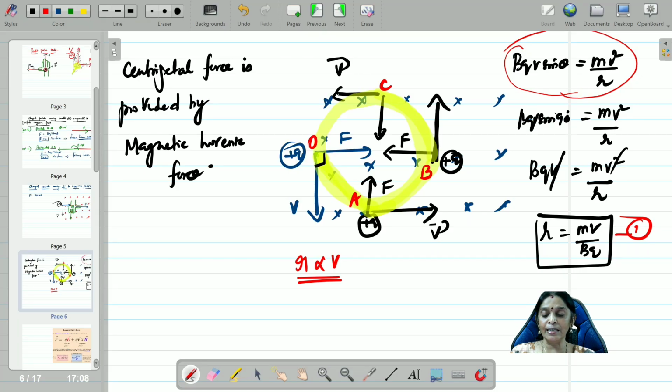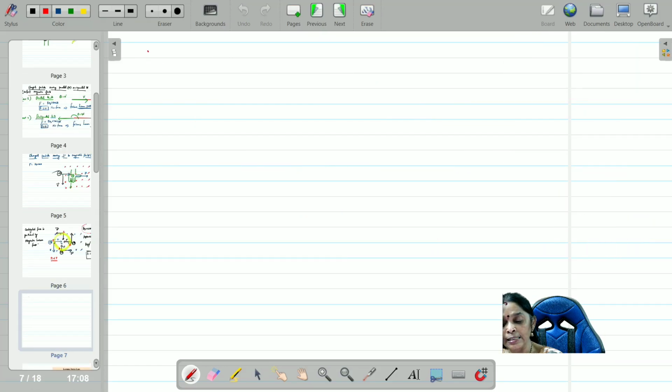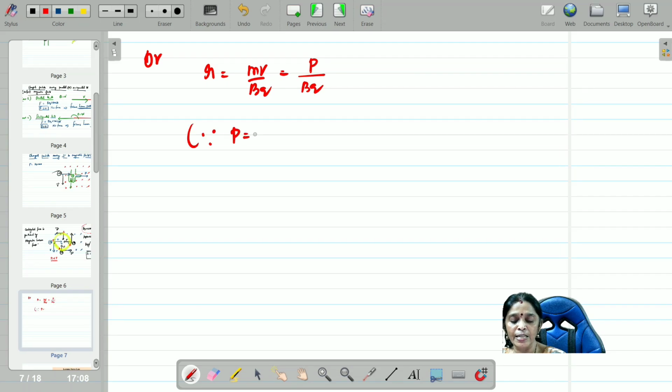You can also write it in terms of momentum, because you have a lot of conceptual questions based on that. We will see that. R is equal to mv by BQ, which can be written as momentum P by BQ, since P is equal to mv. And I can also write kinetic energy is equal to half mv squared.